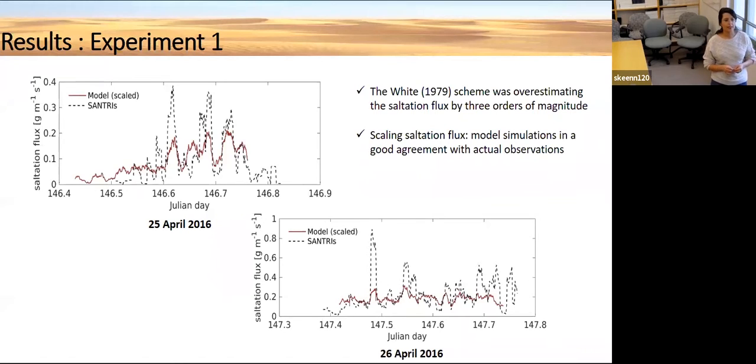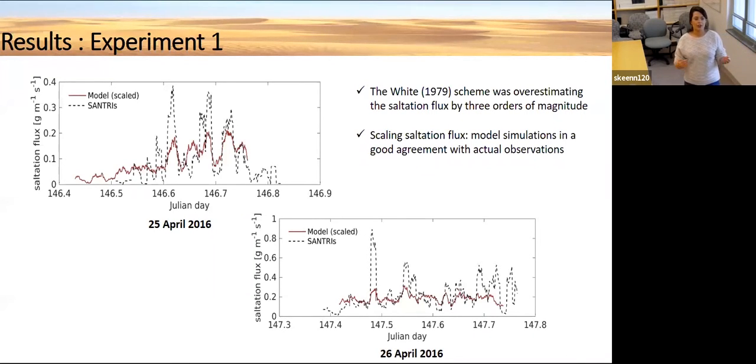Since we're calculating the dust emission flux based on the saltation flux, we compared the observed saltation with the model saltation using the White 1970 scheme, and we found that the saltation was overestimated by 3 orders of magnitude using the White scheme. It wasn't unexpected because we don't have unlimited saltating particles on the surface, and it's a little bit crusted. So the model was overestimated.